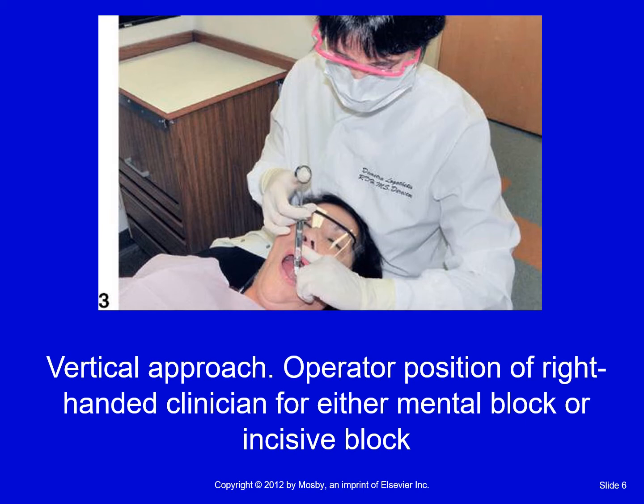You want to stop your needle from penetrating further down than where the mental foramen is. You want to go higher than the mental foramen, so gravity will pull that anesthetic into the mental foramen. That's the idea.